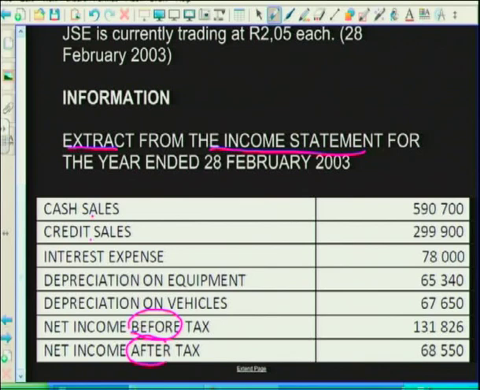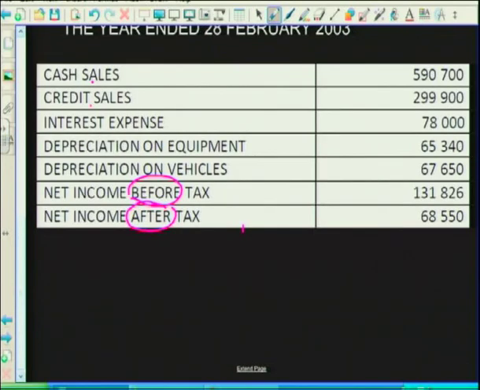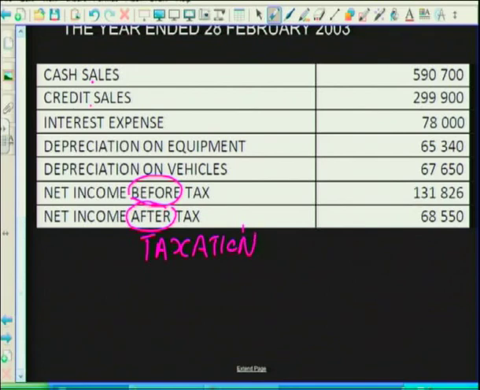Right, grade 12s, you've been doing cash flows, and you know if you are given net income before tax, net income after tax, the difference there is obviously your taxation for the current financial year. So without even reading further, I am going to make a note of my taxation for the year 2003.